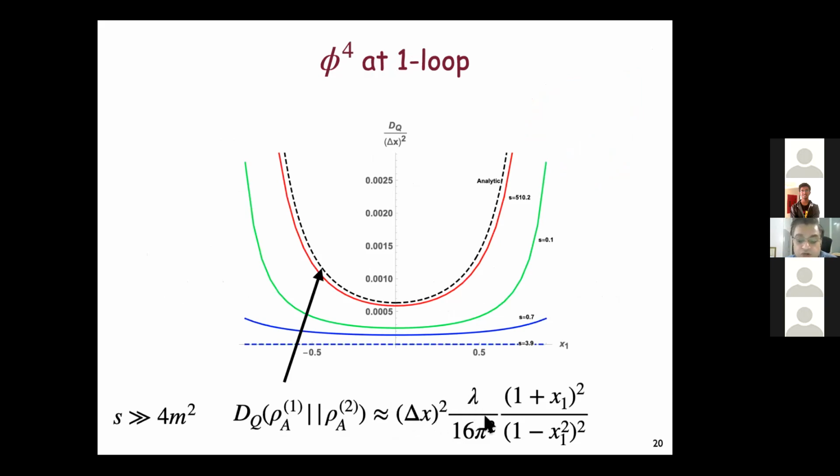It is proportional to lambda, and it blows up in the forward limit. The forward limit is basically when the emergent final state particles make 0 angle, or maybe 180-degree angle, with the incoming particles. So you get two sharp peaks in the forward and the backward limits.